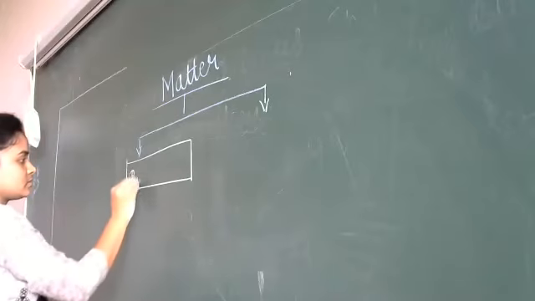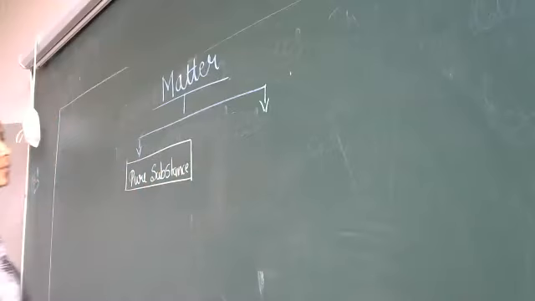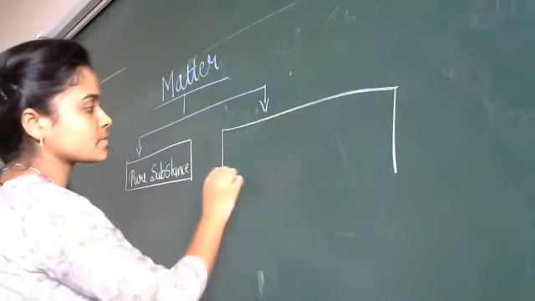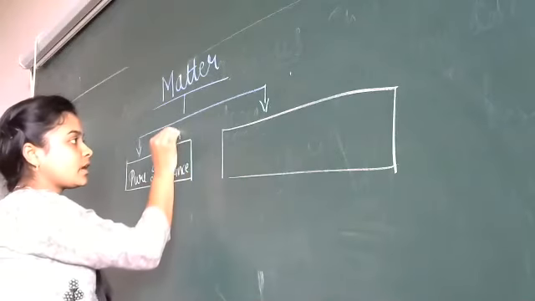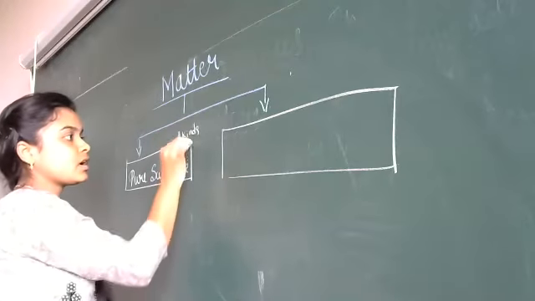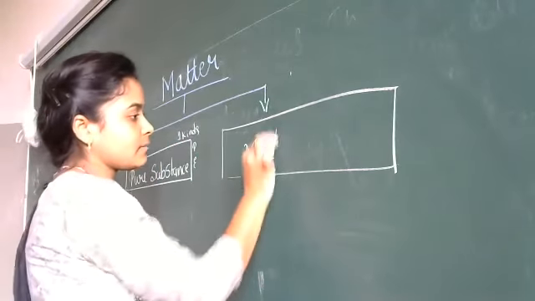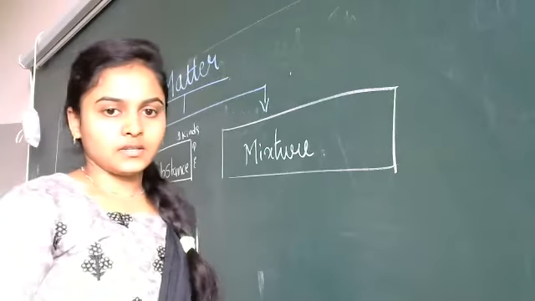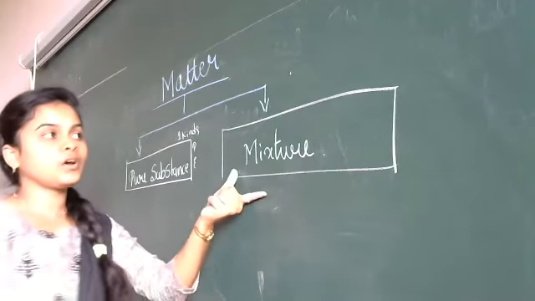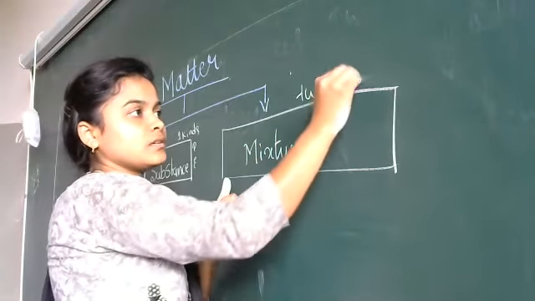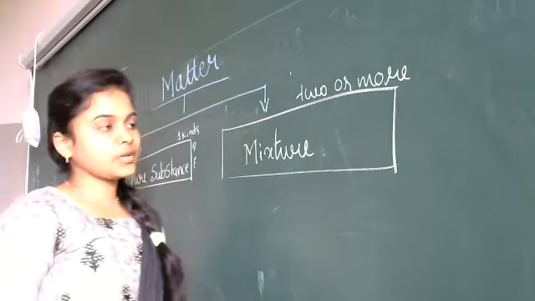Pure substances are those made up of only one kind of particles or elements. Next, again under matter we have mixture. Mixture is a substance made up of two or more components.